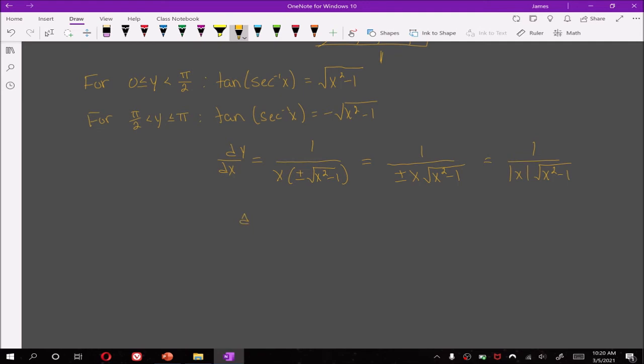And we can thus conclude that d/dx of the inverse secant of x is 1 over the absolute value of x times the square root of x squared minus 1.